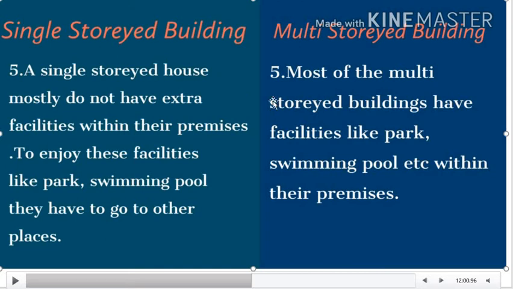But in a multi-storied building, the contractors make sure that you have the swimming pool, park, etc. these days, so they can earn more and get a sufficient price for the house they sell. So these were the differences between single-storied and multi-storied houses, buildings, we can say.